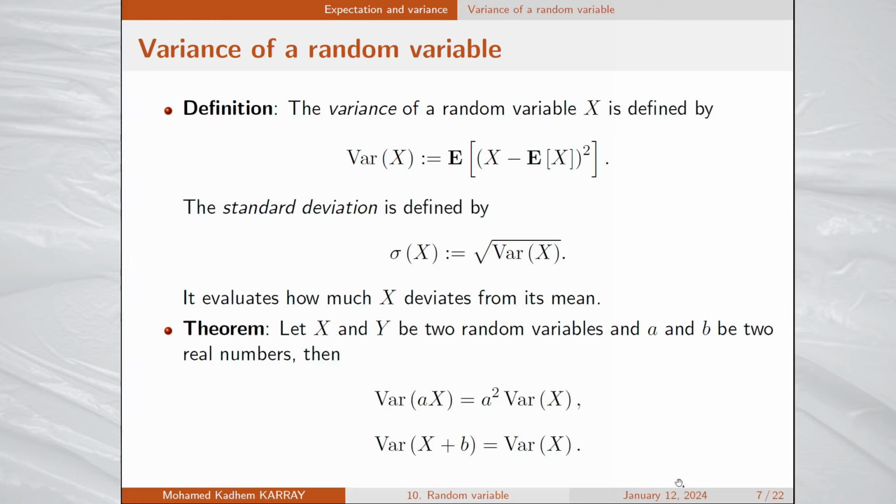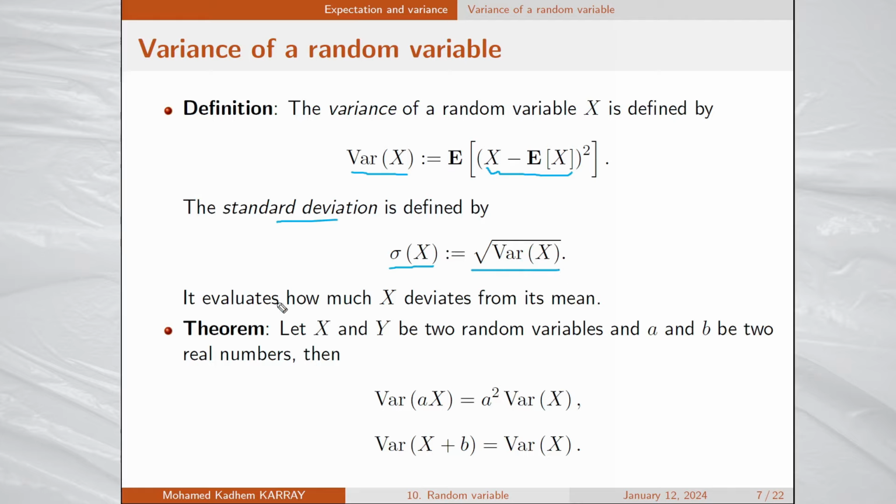Let's now introduce the notion of variance of a random variable. It is denoted var of x, and it represents the expectation of the difference between x and its mean, squared. The standard deviation of the random variable, denoted sigma of x, is defined as the square root of the variance of the random variable x.